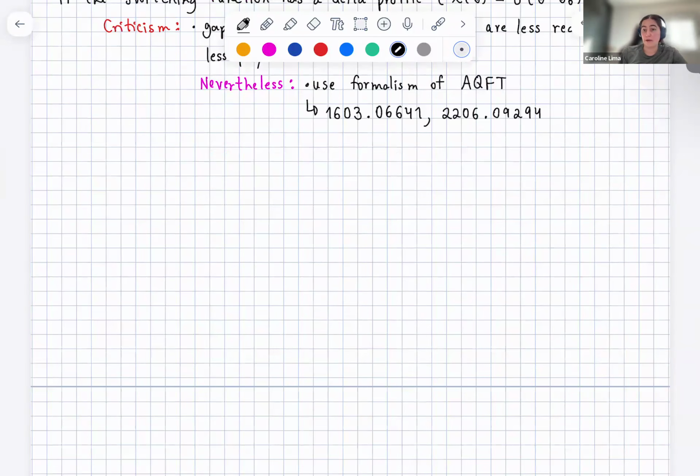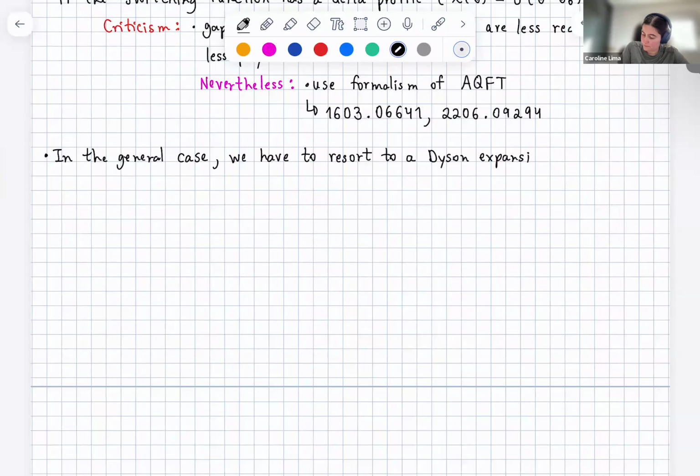Now, what I wanted to say is that, however, in the general case, we have to resort to the Dyson expansion, which is going to be for small coupling constants.